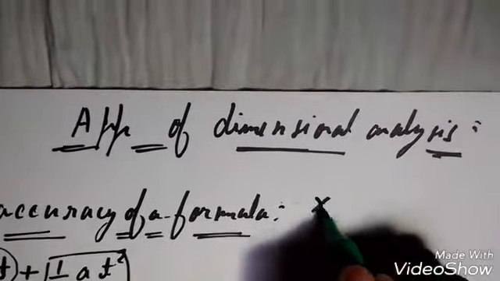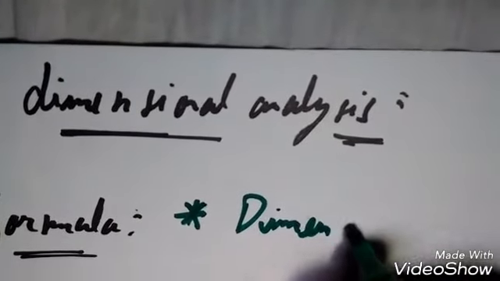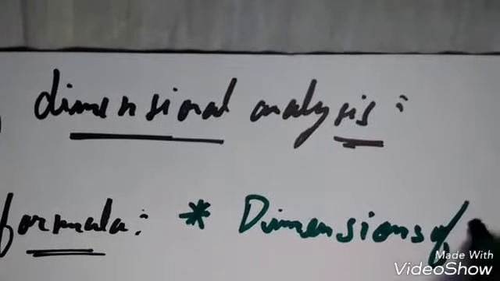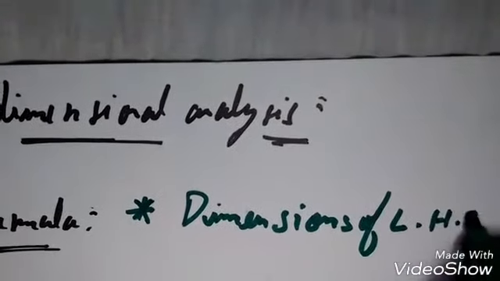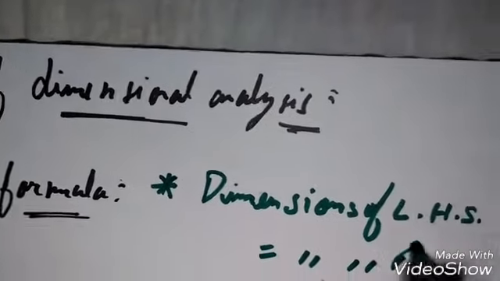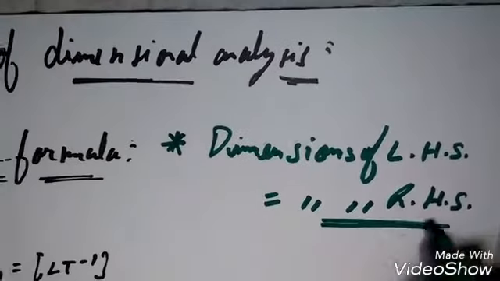The first condition which is required to be fulfilled is that the dimensions of the left hand side of the formula will be equal to the dimensions of the right hand side of the formula.